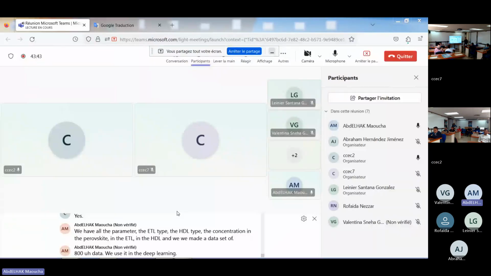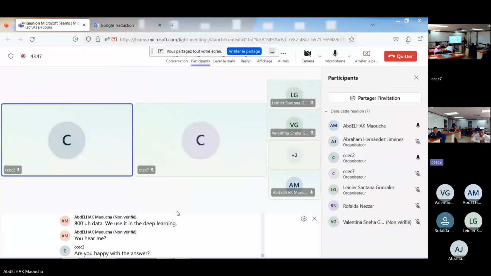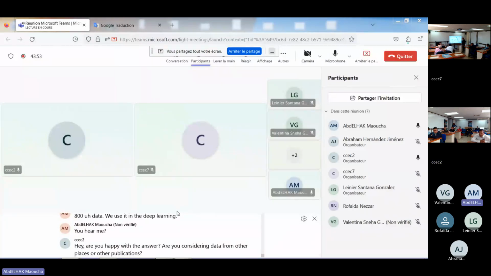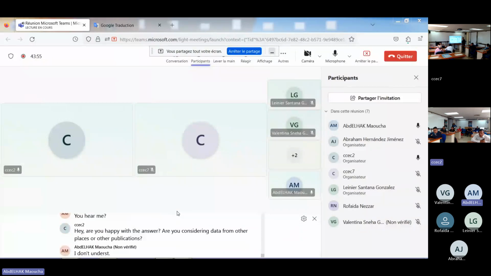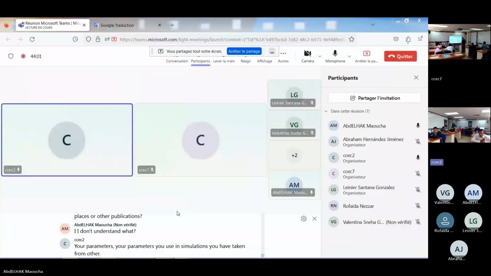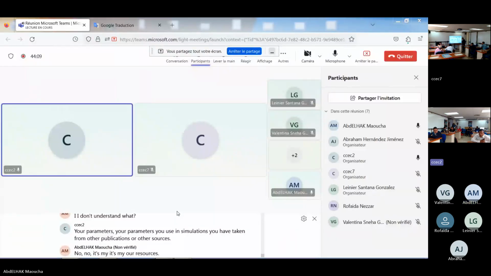Are you considering data from other places or other publications? I don't understand. Your parameters you use in simulations, you have taken from other publications or other sources? No, it's our resources.